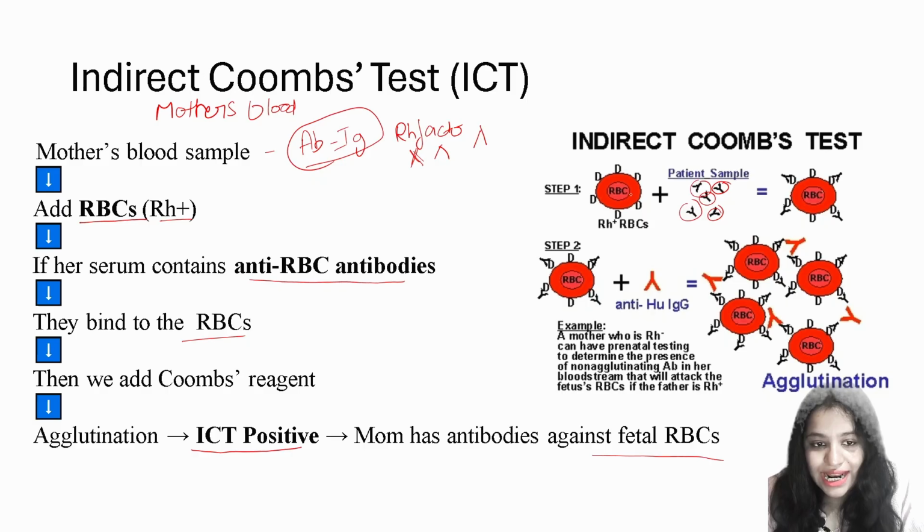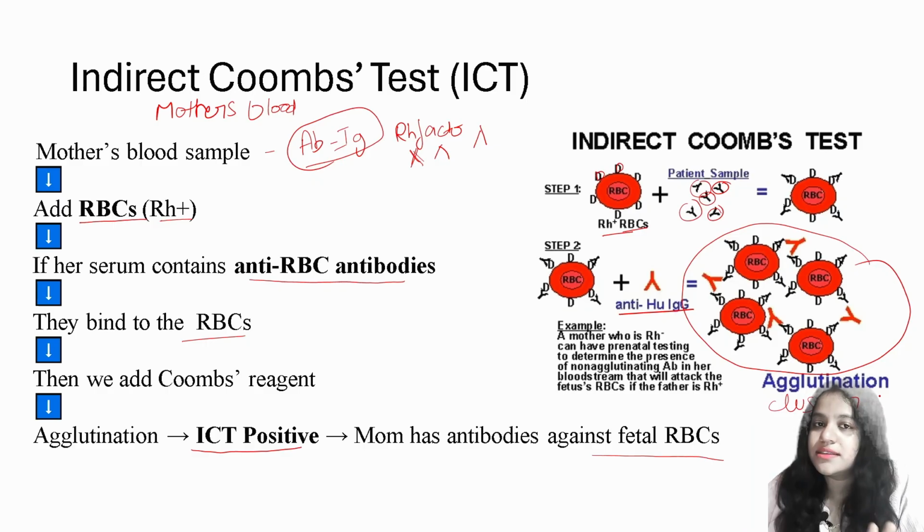Now, we are adding this commercially available RBC, Rh positive, with this D antigen, that is the Rh factor. Now, these antibodies bind to this RBC, and after that, when we add this Coombs reagent, what happens here? This forms a cluster, and it shows as visible agglutination. Okay, there is cluster formation.